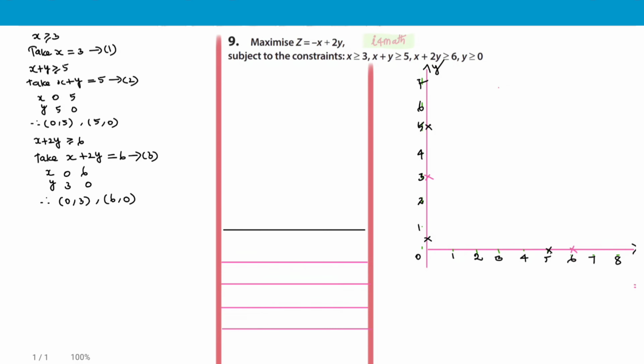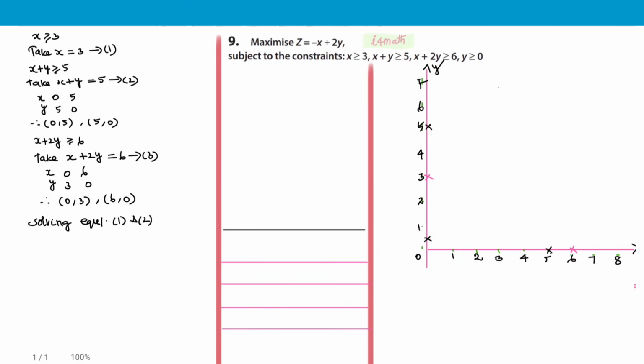Solving equation 1 and 2 so that we can find the point of intersection of 1 and 2. What is equation 1? x equal to 3. What is equation 2? x plus y which is equal to 5. Substitute x is equal to 3 here.